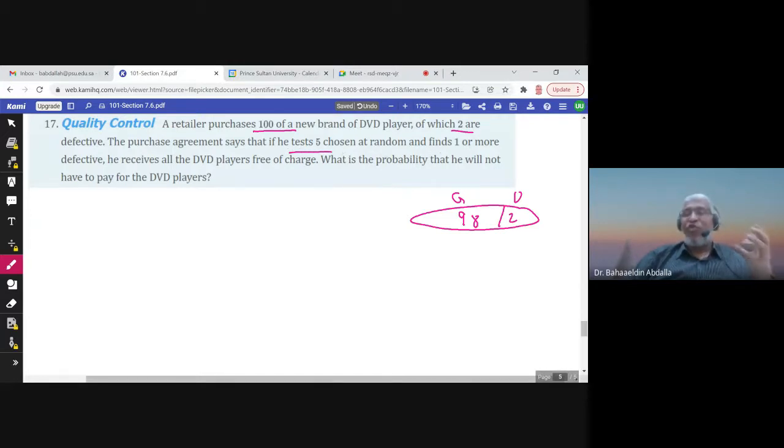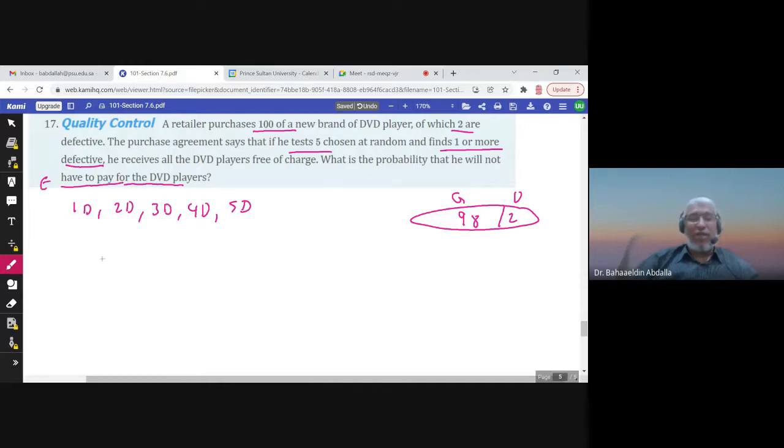If he finds one or more defective, so if he finds one defective or two defectives or three defectives or four defectives or five defectives, one or more, then what will happen? He receives all the DVD players free of charge. What's the probability that he will not have to pay? So he will receive them free of charge. So if we call this E, the question, what is the probability of E?